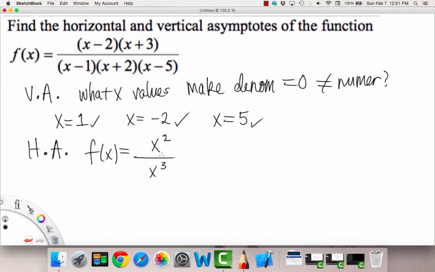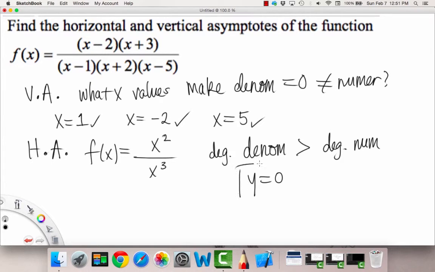So comparing the degrees on the numerator and the denominator, we see that the degree of the denominator is greater than the degree of the numerator. So this gives us case number 1. Okay, and you don't have to remember which numbered case it is. You just have to remember that when this happens, our horizontal asymptote is going to be y equals 0. Okay, and that is it.